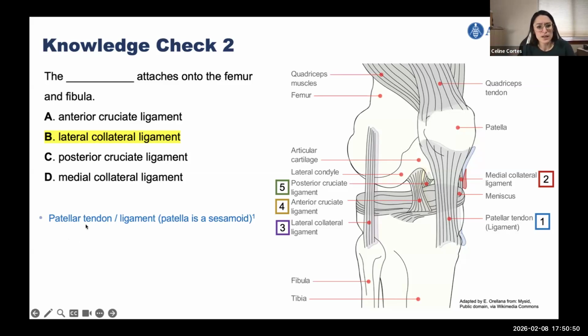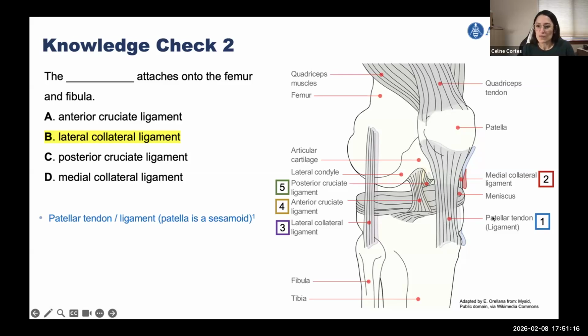So sometimes this is listed as the patellar tendon because the patella itself is a sesamoid embedded within the tendon. So it's kind of assuming a continuation between the quadriceps tendon all the way down to the tibia down here, forming a continuous tendon.